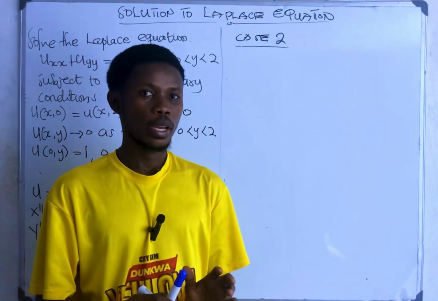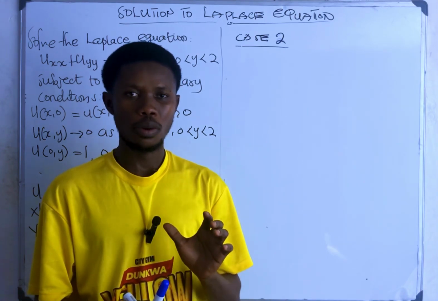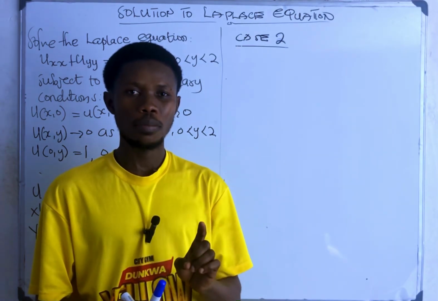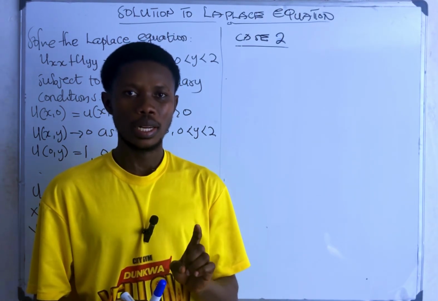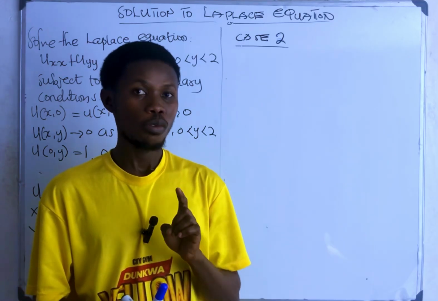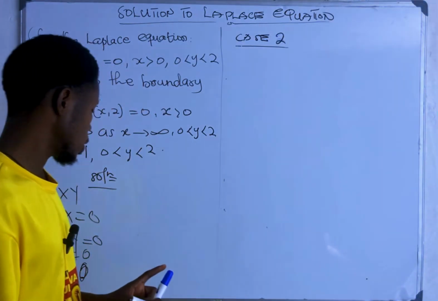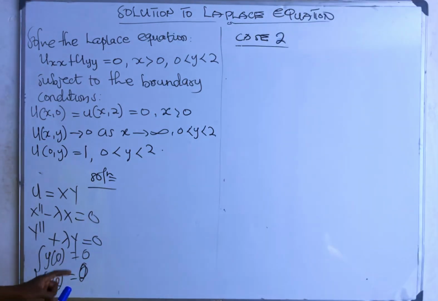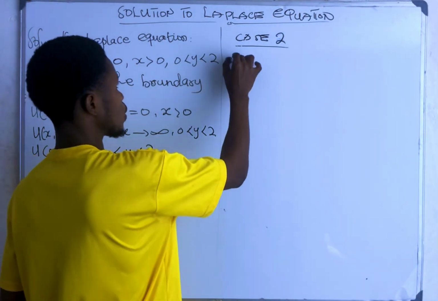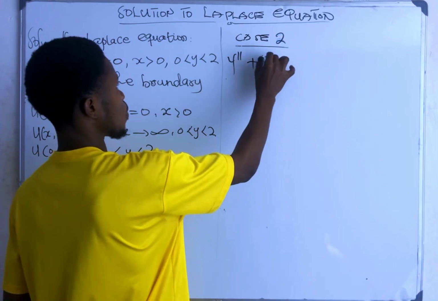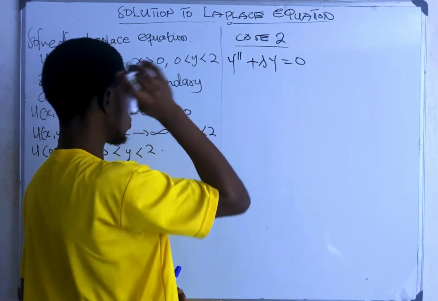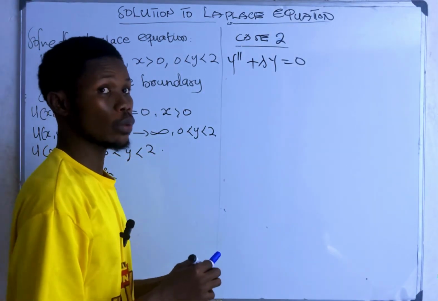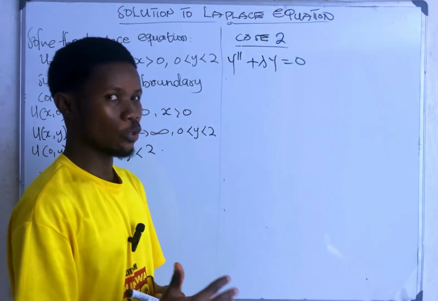But here, we will consider when lambda is less than 0 first, for a reason. The reason is that here, y prime prime plus lambda y equals 0, because here is plus. If you consider the other one, you get a solution.